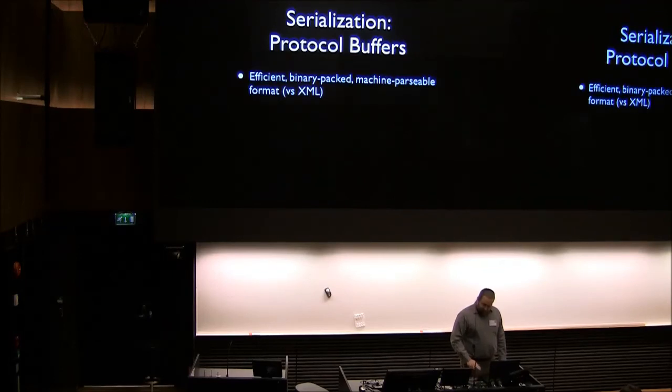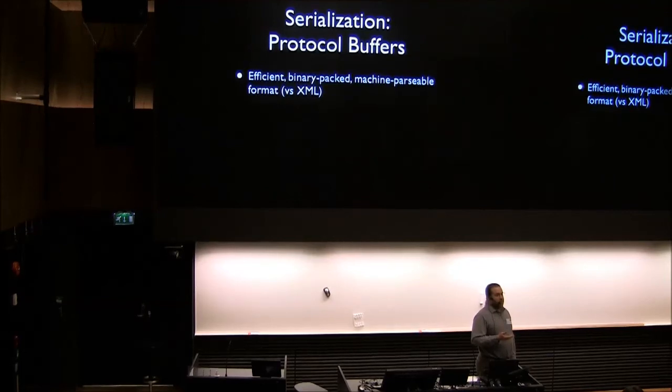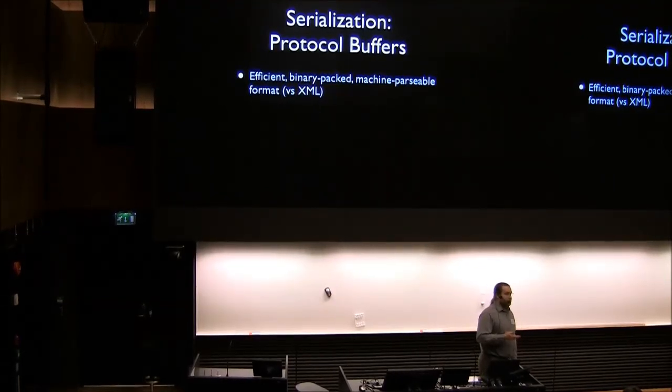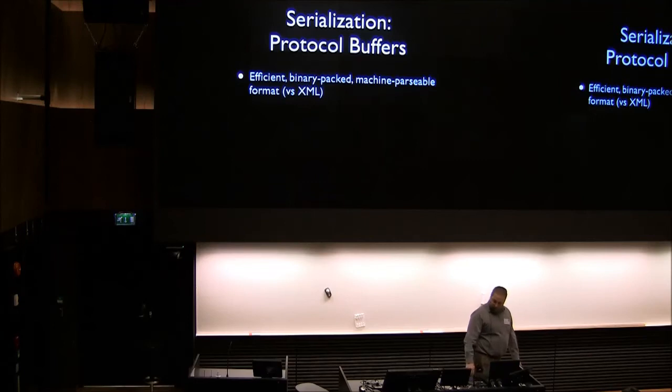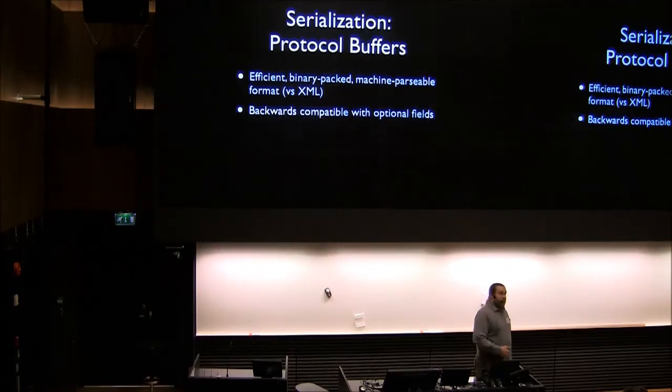So protocol buffers are a very efficient, binary-packed, machine-readable format. They're designed for computers to talk to computers. You can export an ASCII version, but this is not the normal. They are backwards compatible with optional fields.